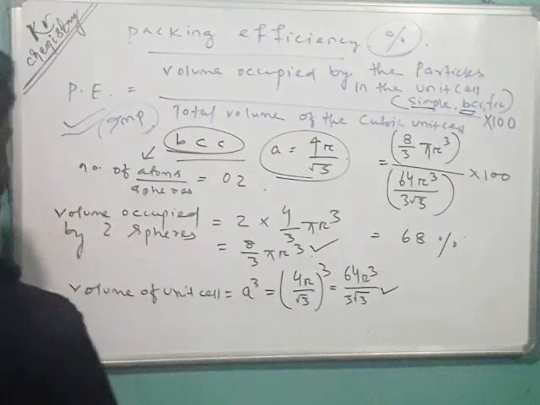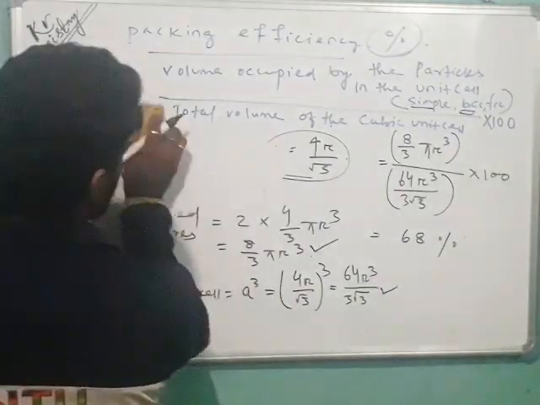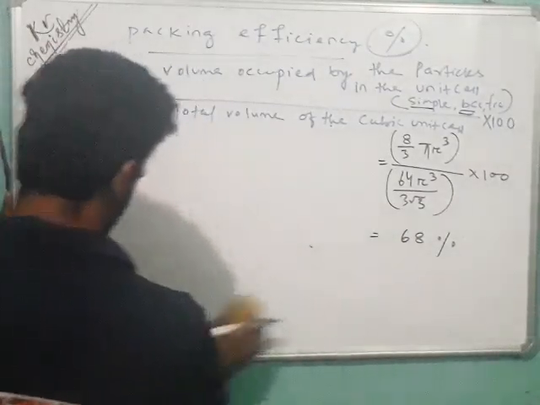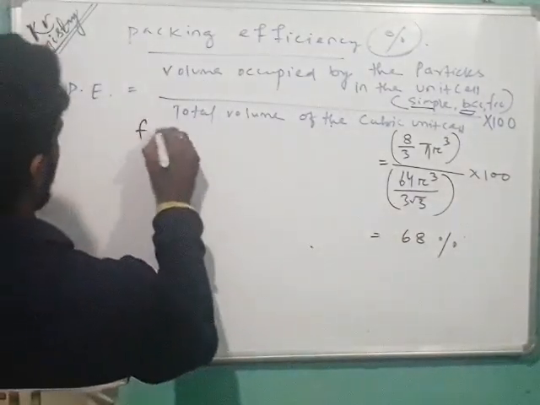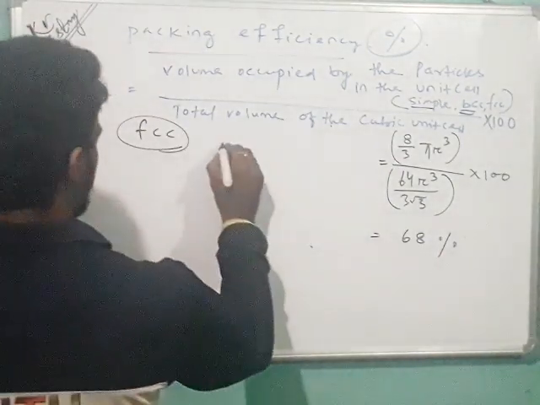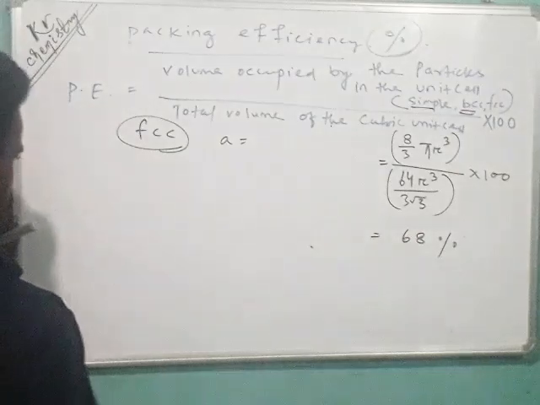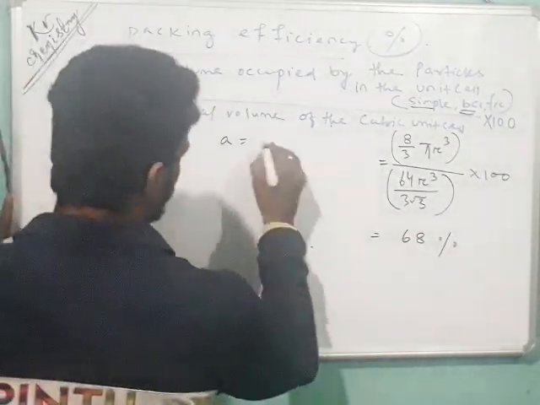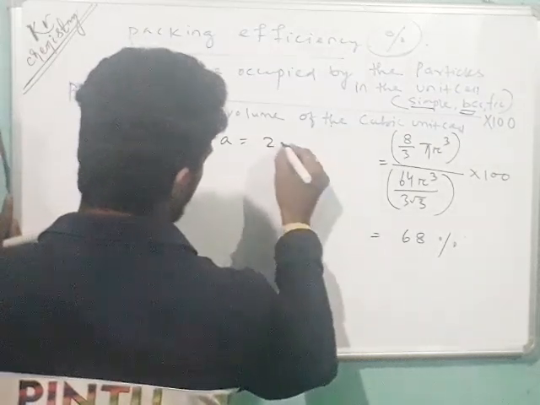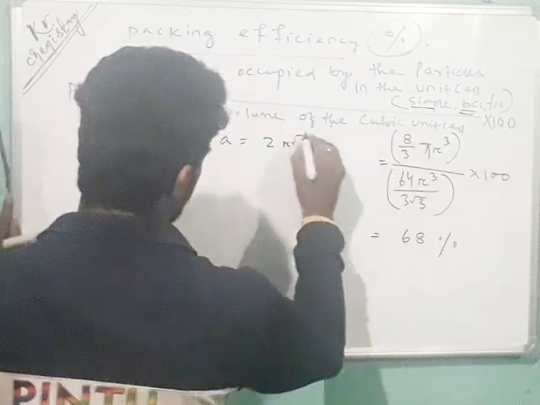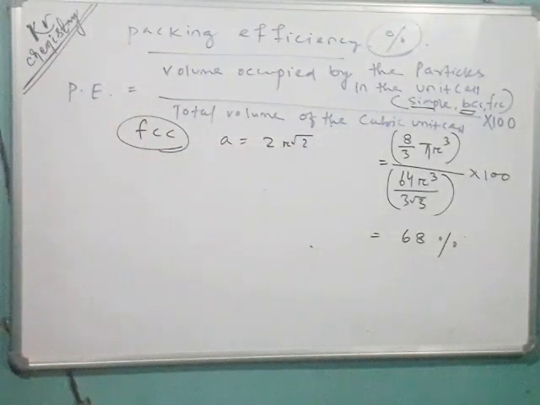Next we calculate for FCC, face centered cubic crystal. For FCC, the value of a is equal to 2r root 2.